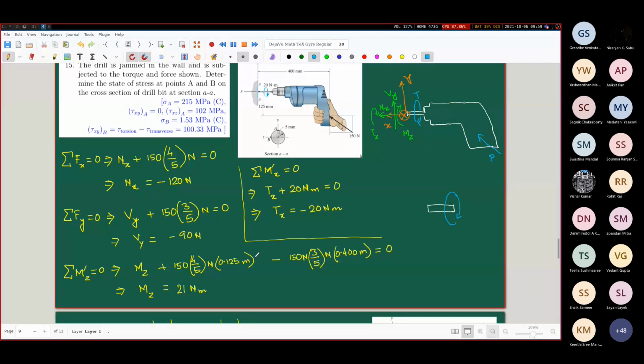Whatever values of Mz we are obtaining, we would still obtain that. Yes, its sense. Okay, so how do I depict this? Maybe just with a line of action, something like that.